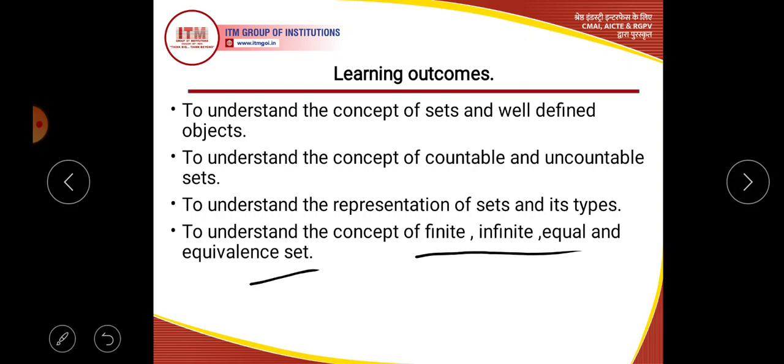First is roster form, or we can say tabular form. And in the second half we also learned about set builder notation. So these are the learning outcomes.